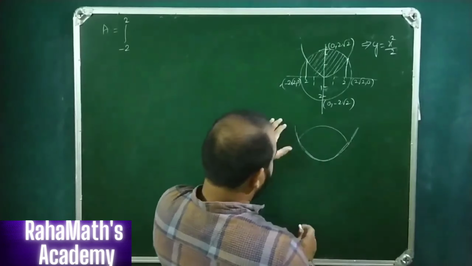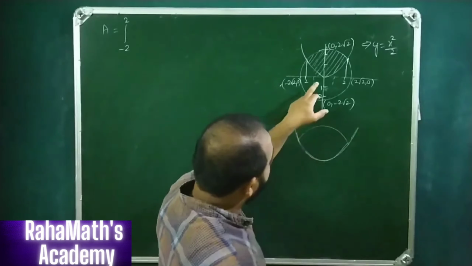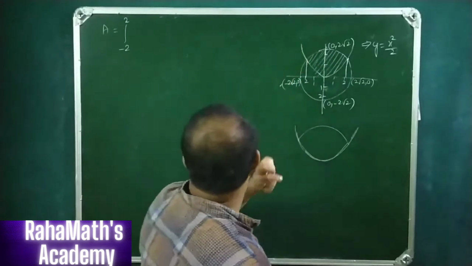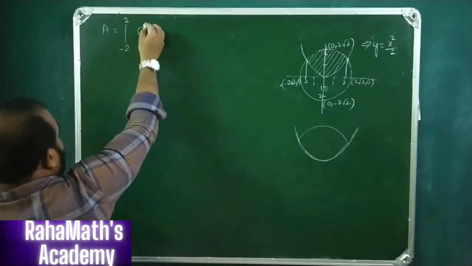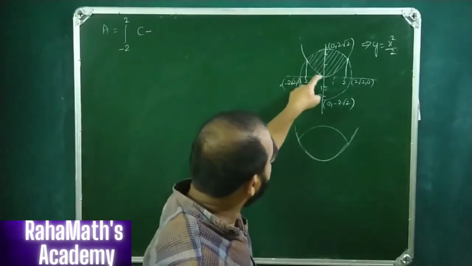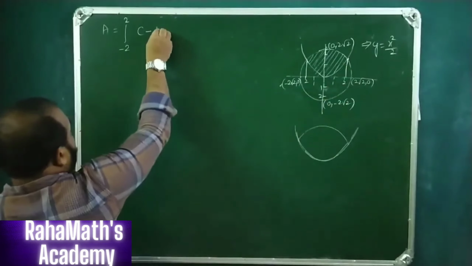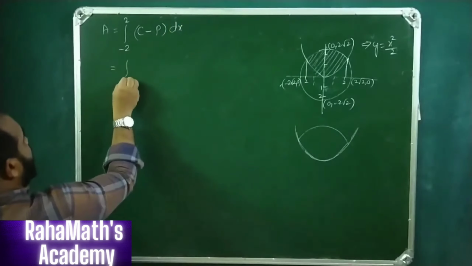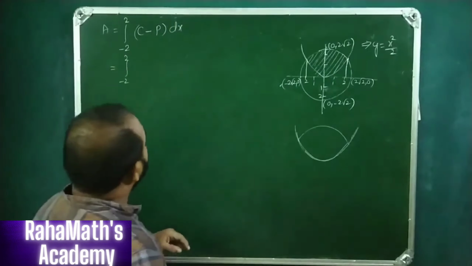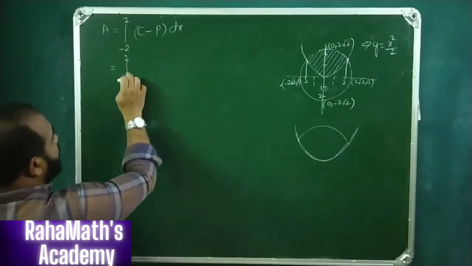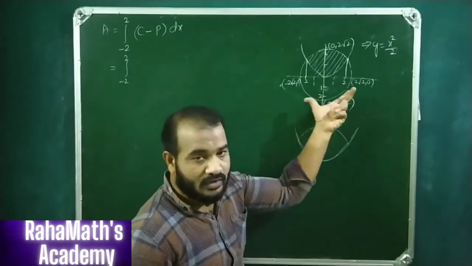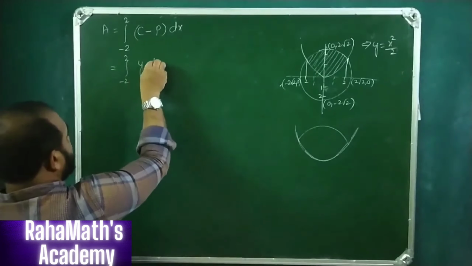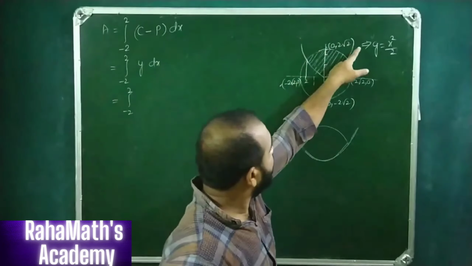So, with respect to the x-axis, the above curve is the circle minus the below one, the parabola, dx. Minus 2 to 2 are the limits of x, therefore it is y dx.